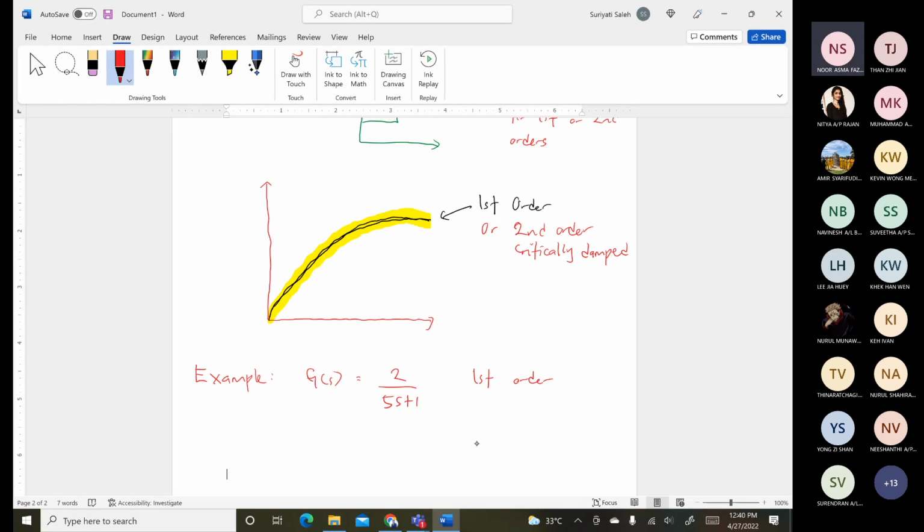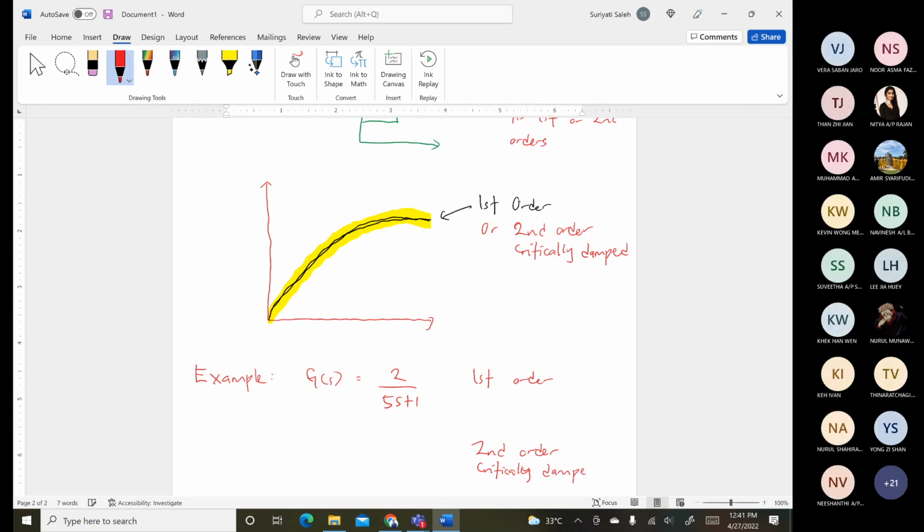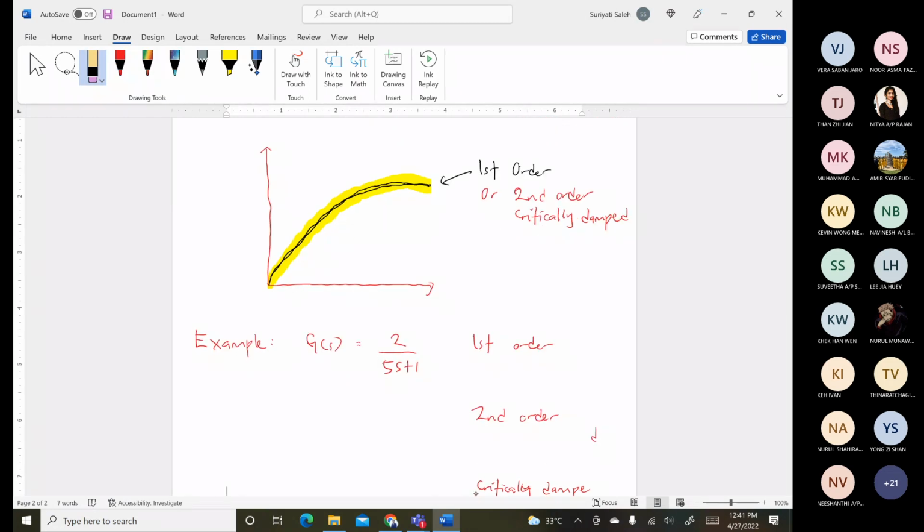For the second order critically damped, the transfer function should be 2 over (5s plus 1) squared.